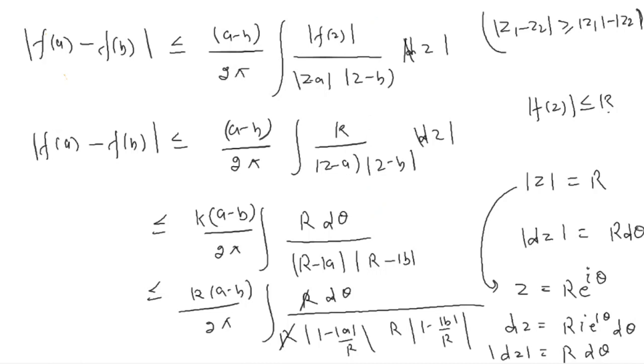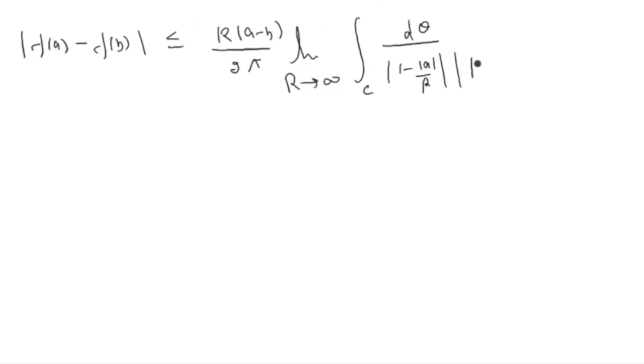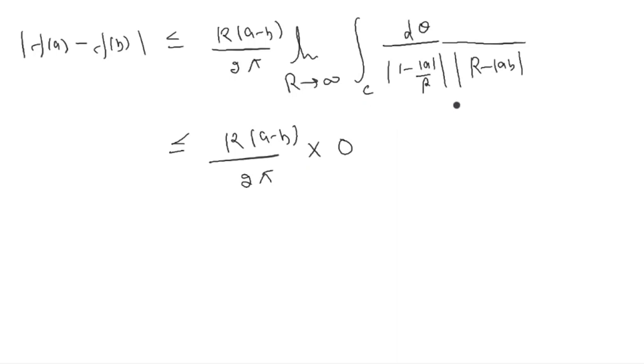Simply you can write r minus |b|. Now as r tending to infinity, this term is 0, so 1 minus 0 means 1. And when r is infinity, the whole denominator is infinity, so 1 upon infinity means 0. So this is equal to k times |a minus b| upon 2 pi into 0. This whole integration is 0 as r tending to infinity.